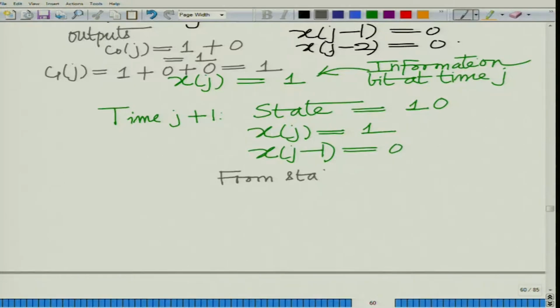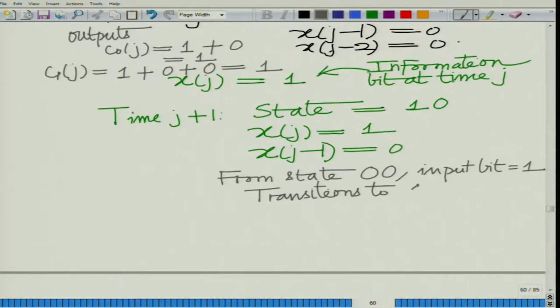So, the way to read this is: from state 0 0, input bit equal to 1, it transitions to 1 0, and the output equals 1 comma 1.